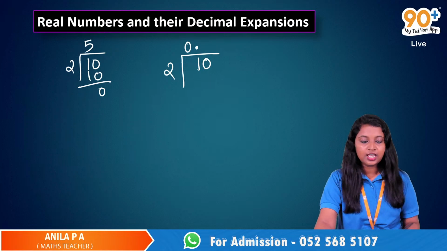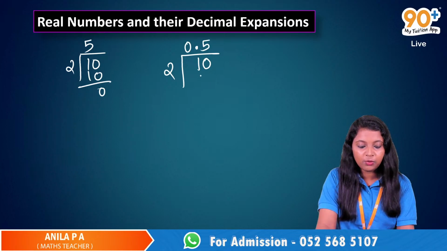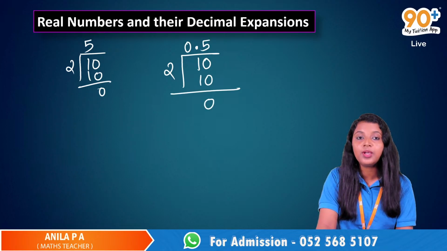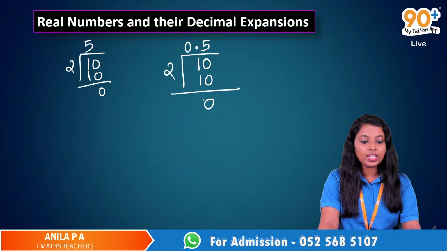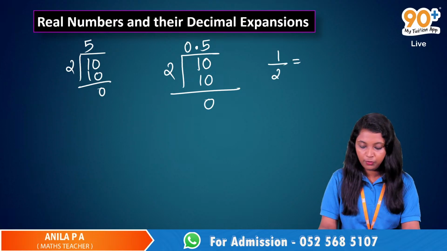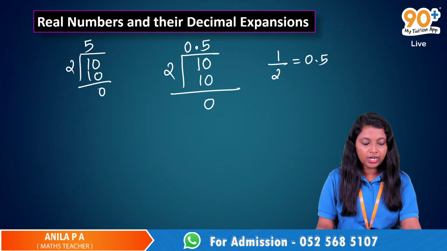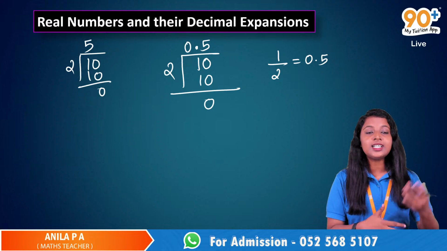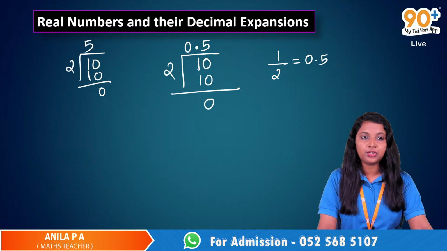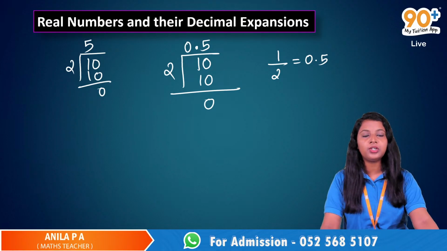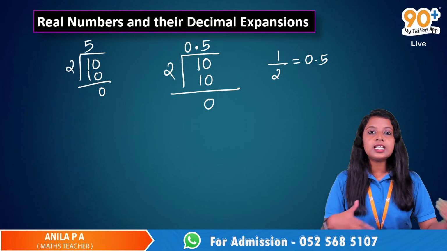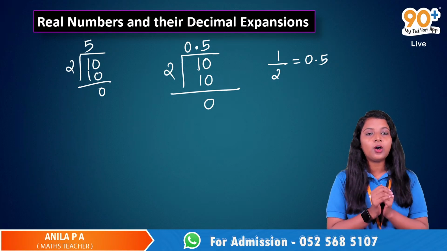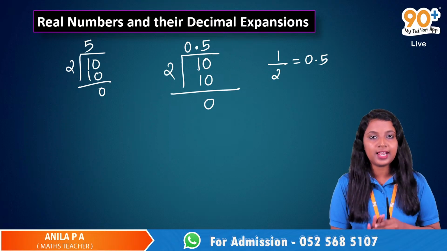So we will get 5 times 2 is equal to 10, and the remainder is 0. So we get 1 by 2 is equal to 0.5. That is the decimal expansion of 1 by 2. We all know that 1 by 2 is equal to 0.5. Just like that, we can divide all the numbers and find their decimal expansion.